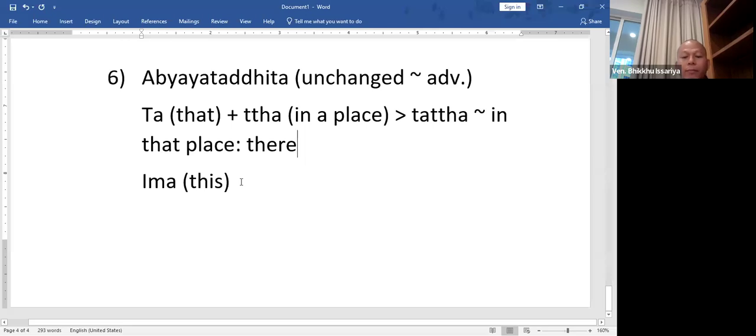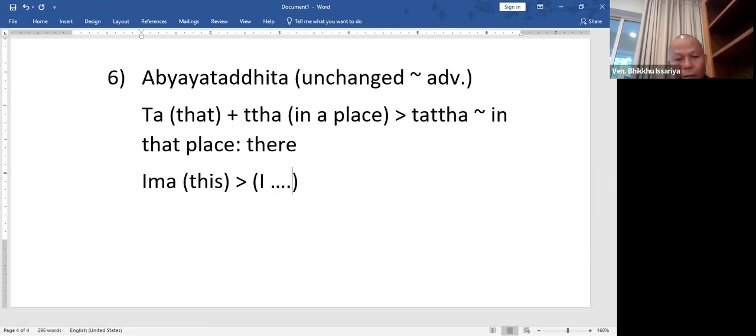But this ima can be changed. It has a nature of sometimes changing to e by removing ma, or sometimes to another form.